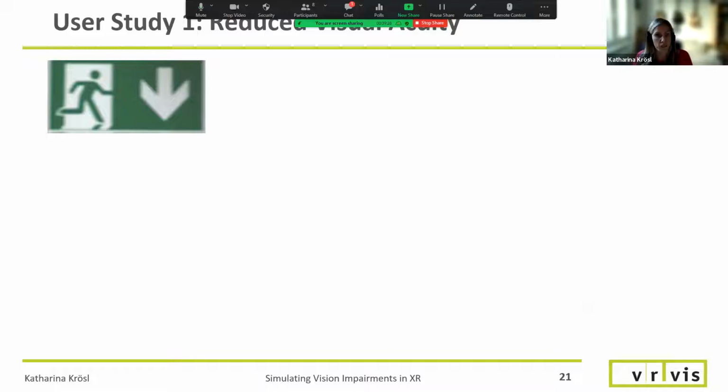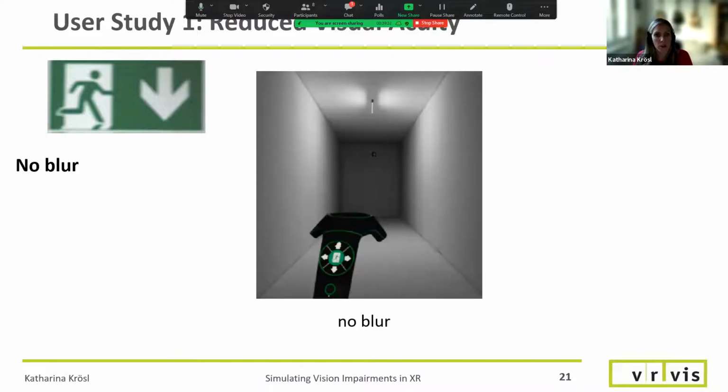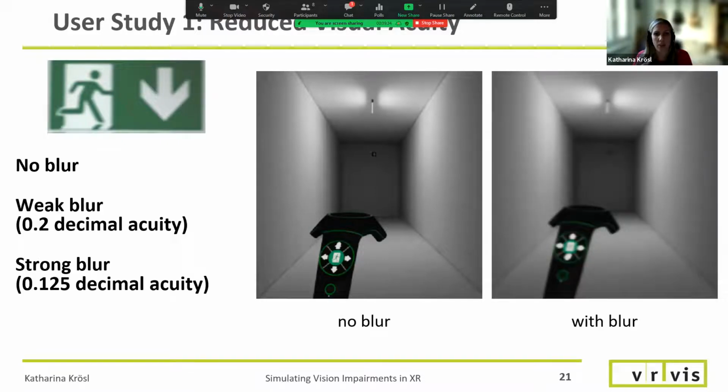And we tested 3 different conditions: no blur, weak blur, and strong blur. Our weak blur corresponds to about 5 arc minutes, so 0.2 decimal acuity, and strong blur would be 8 arc minutes or 0.125 decimal acuity, which is already a quite severe vision impairment.